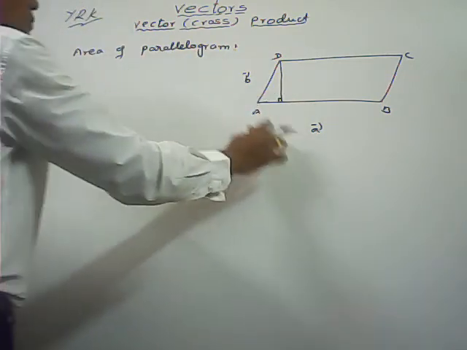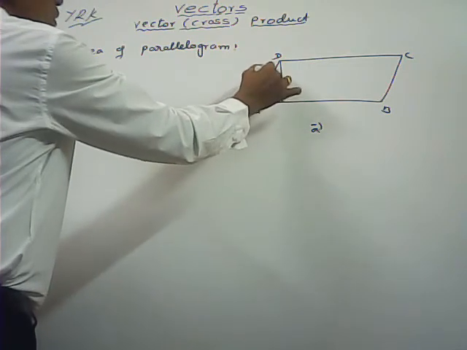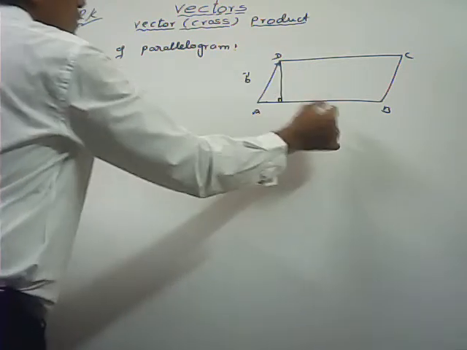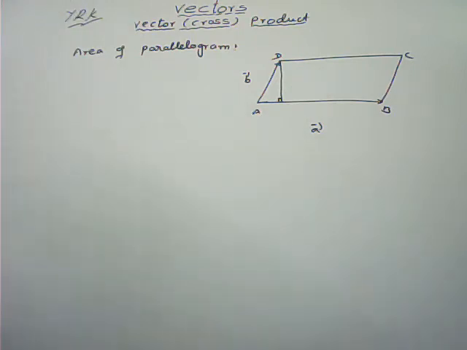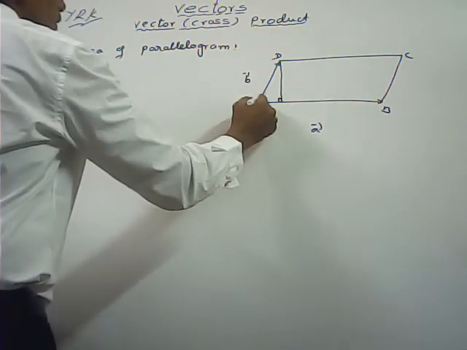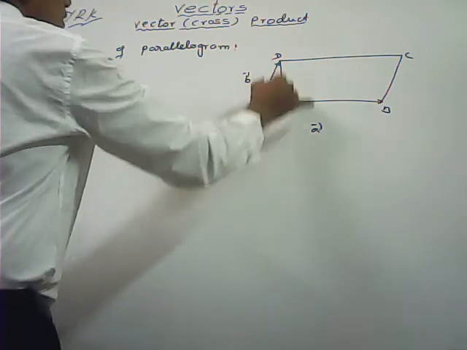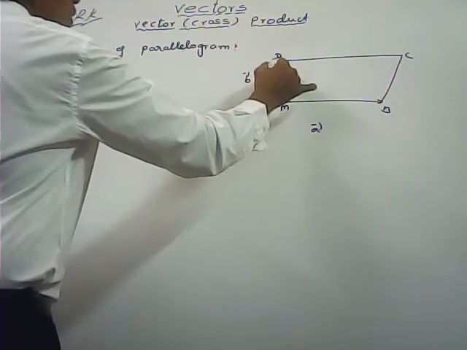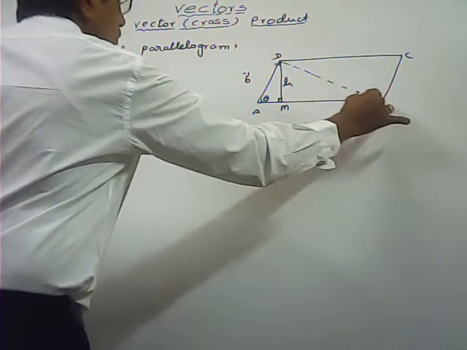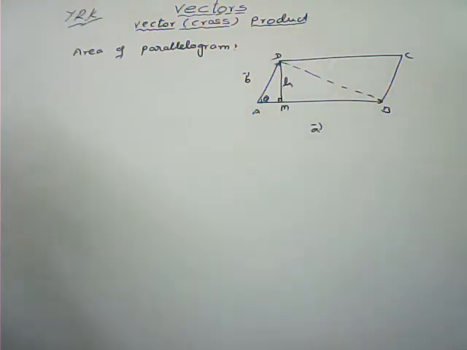AB bar equals A bar and AD bar is equal to B bar. Now, the angle between these two vectors I am taking as theta. Here this is the altitude, here I am taking M, that is H, and join this one diagonal BD.